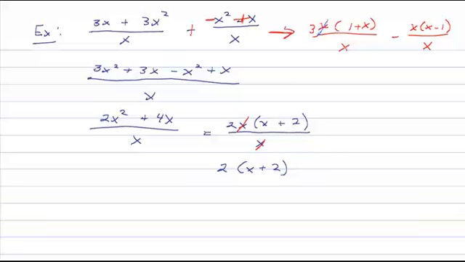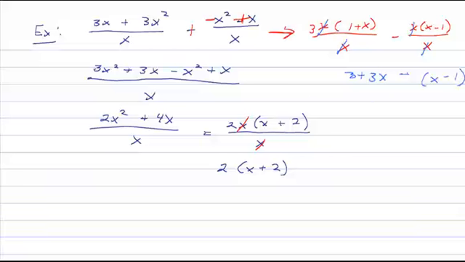Cancel the x's. Cancel, whoops, wrong spot. This particular software does not allow you to see your pen very well. So we're left with 3 times 1 plus x, so that's 3 plus 3x, minus, be careful about that, x minus 1.